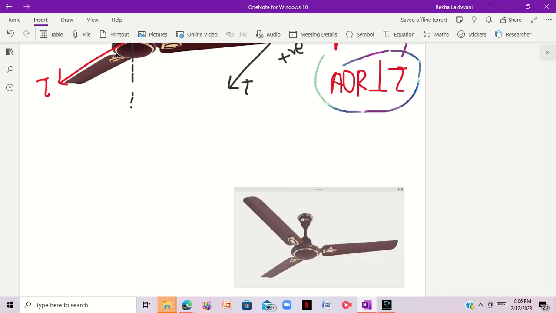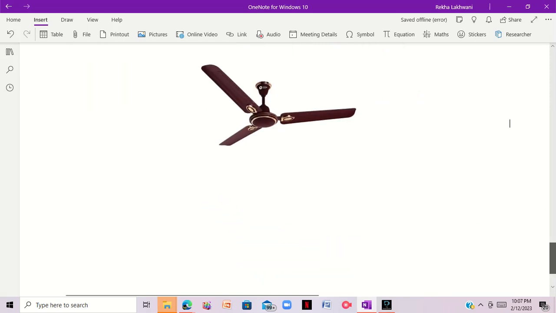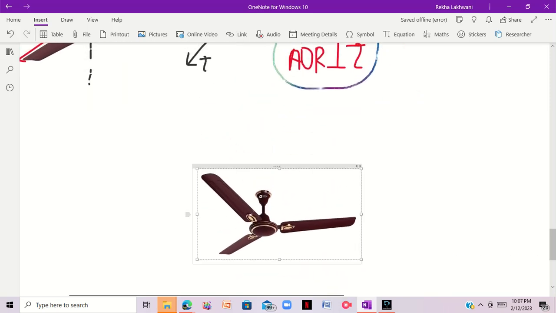Now let's discuss the component which is parallel to the axis of rotation.